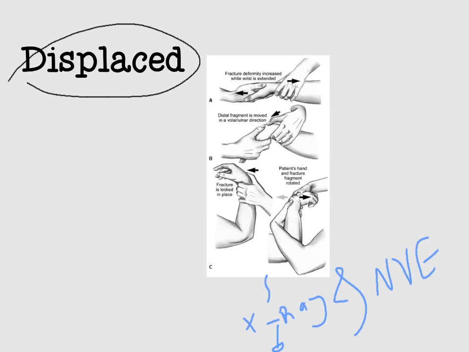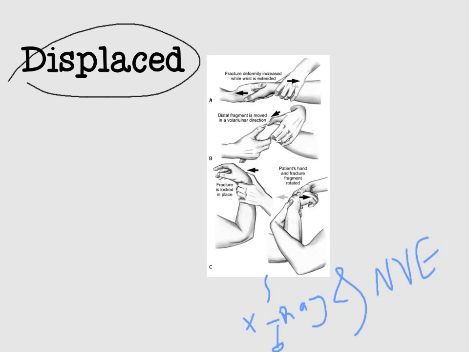Before starting the maneuver, don't forget to do a neurovascular examination to make sure that there is no median nerve or other nerve entrapment. Then we grasp the hand and apply traction, sometimes with extension of the hand, to disimpact the fragments.